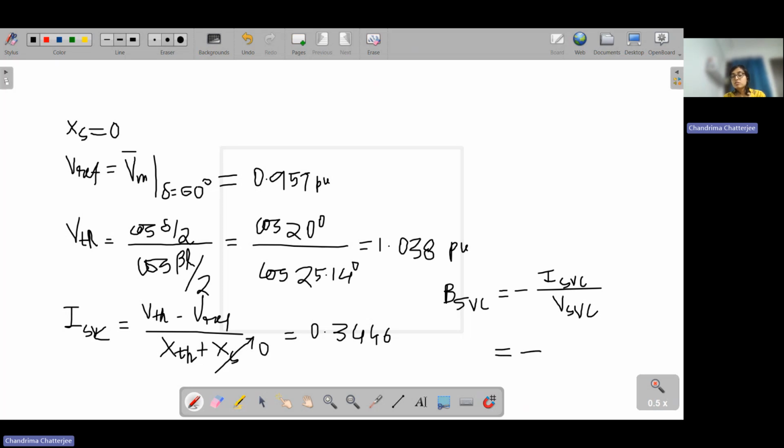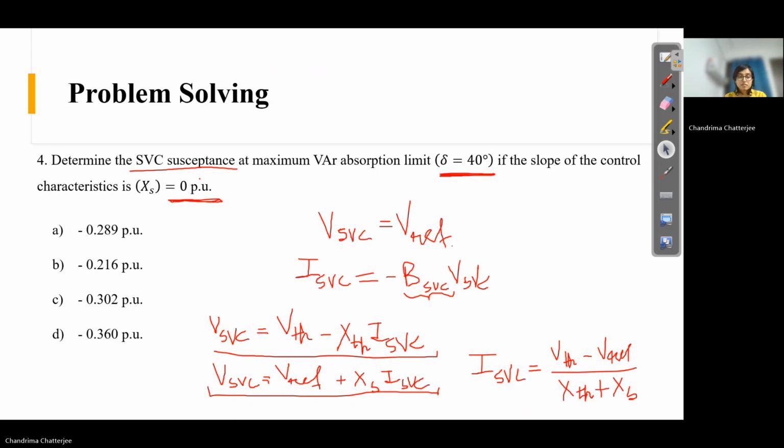So this comes out to be, VSVC is 0.957 and this is ISVC. So this is minus 0.360 per unit. The right answer is option D.